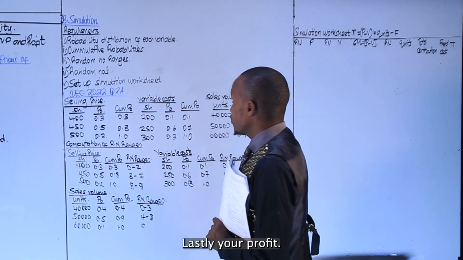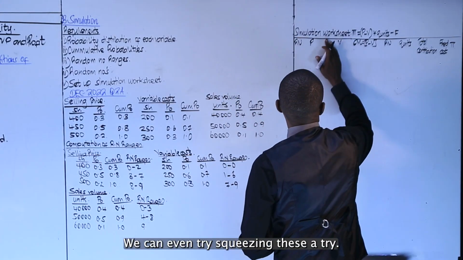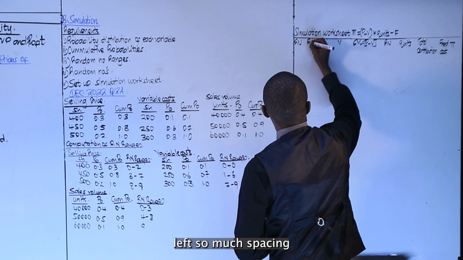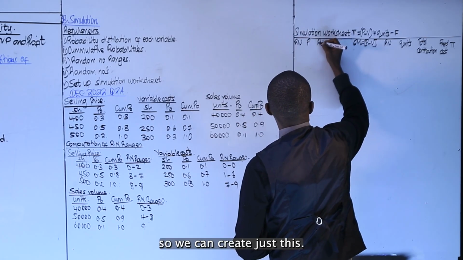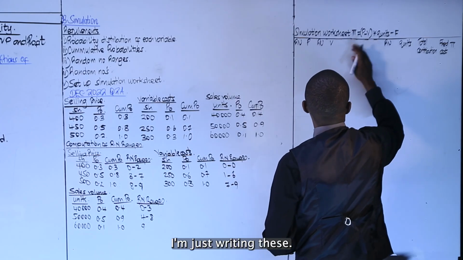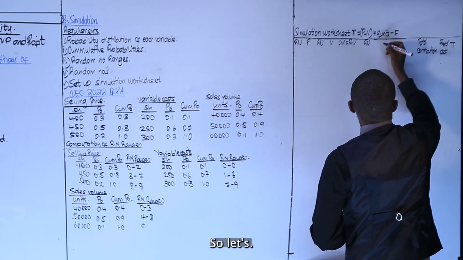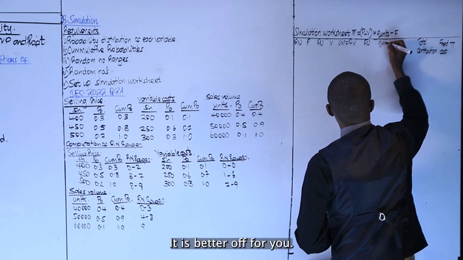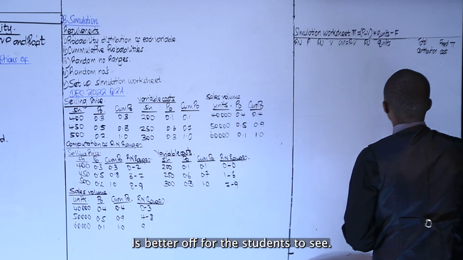We can even try squeezing this, I left so much spacing, so we can readjust this. I'm just rewriting this so that it is better for the students to see.